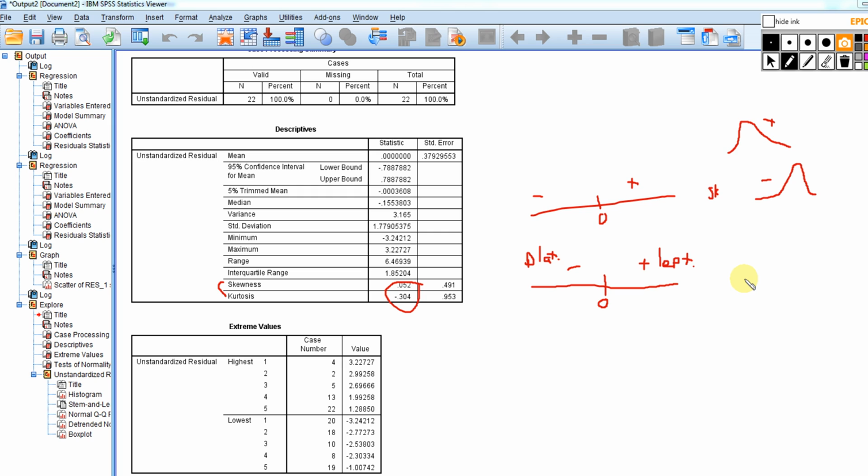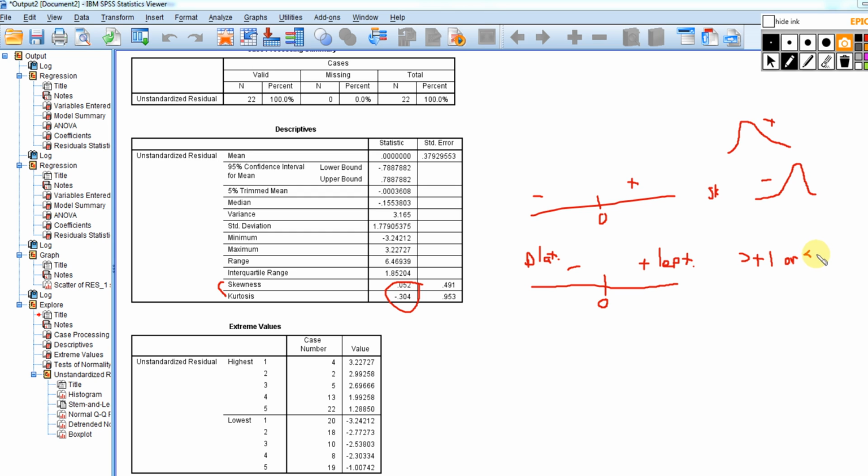So in terms of assessing skew and kurtosis, there are various rules of thumb. One of them is just to say, well, if you have a skewness value that is greater than +1 or less than -1, then you have a more substantial skew in your data. And the same would also go in terms of interpreting kurtosis.